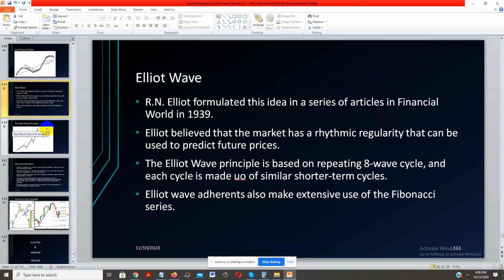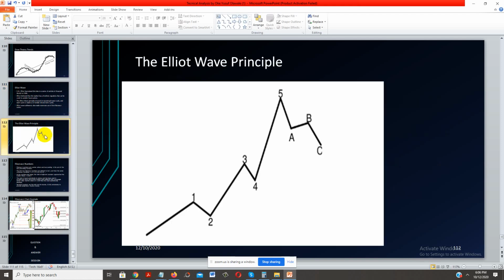But Elliott wave is saying that it repeats in 8 waves. Each cycle is made up of similar shorter term cycles. If you look at the Elliott wave here, it usually goes in 8 waves, like this: one, two, three, four, five, six, seven, eight. Each time there's a wave one, there has to be a correction.